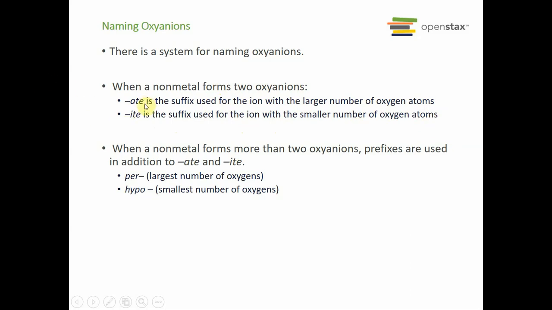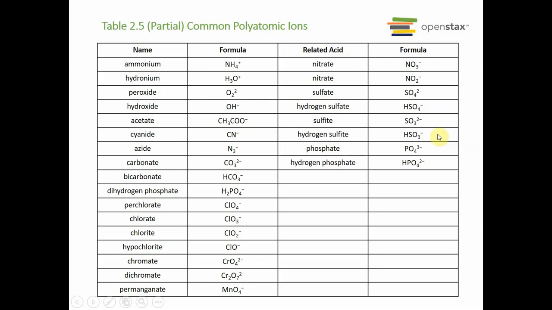Well, there are two common forms of this. Let's see if it's here. Yes, there's nitrate and nitrite. There's sulfate and there's sulfite. I guess they call this bisulfate instead of just hydrogen sulfate. It's also known as bisulfate. And this is bisulfite.